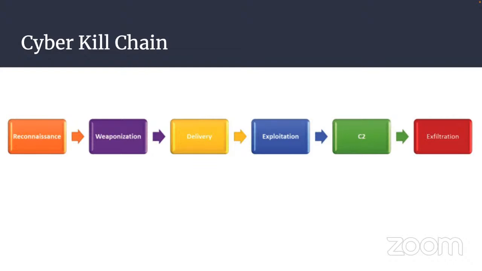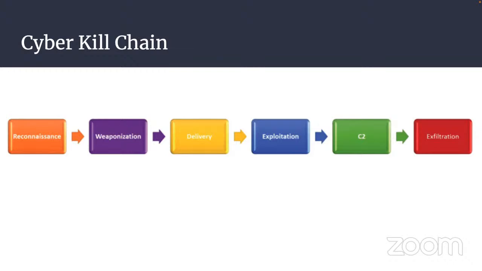Once that attacker has enough information, they move on to the weaponization phase, where an adversary will place malicious code into a payload. That could be anything from a PDF, an email, spam, trying to put something on Wi-Fi, or putting a USB stick in the parking lot. Then there's delivery.